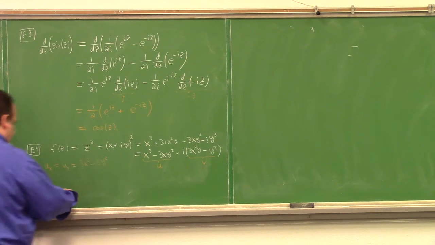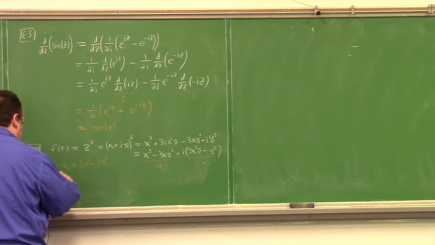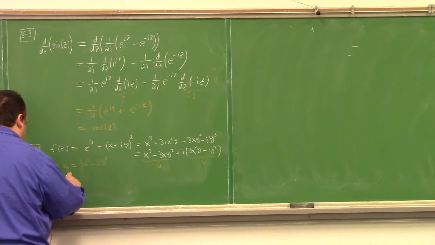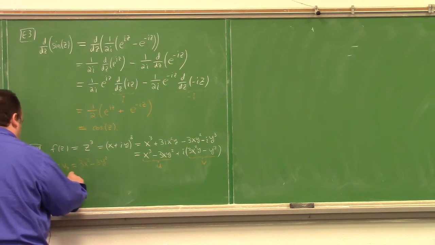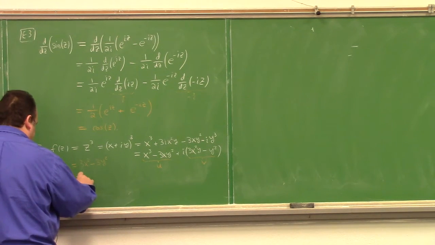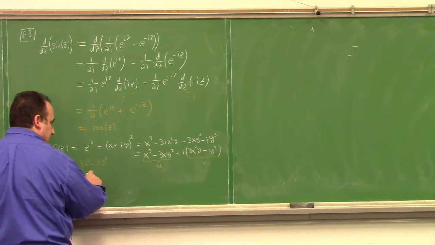And you can also check that v_x is equal to minus u_y is equal to 6xy.